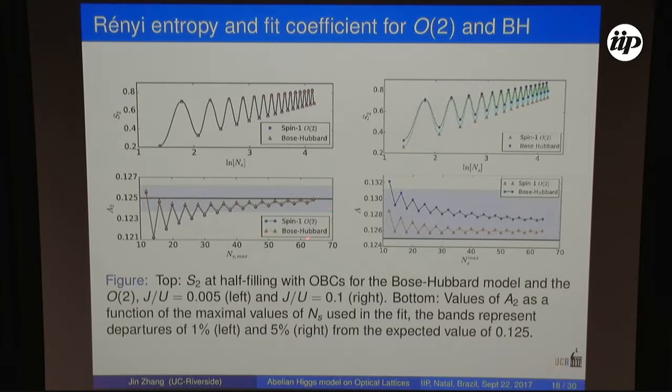We see that up to 64, it nearly goes to the theoretical values.